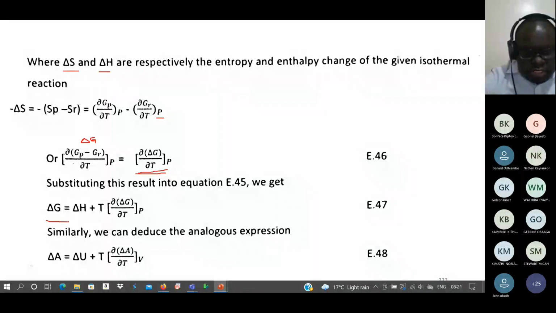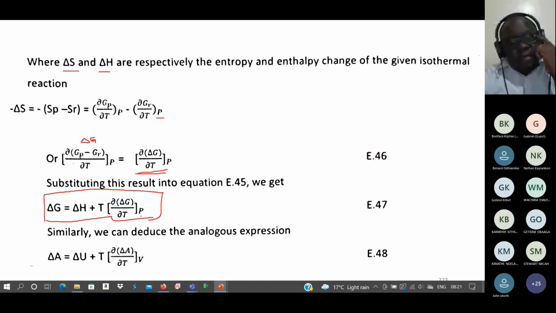Then you get delta G equals delta H plus T times delta G over delta T at constant P. Okay, or this is the change of delta G with temperature at constant pressure.